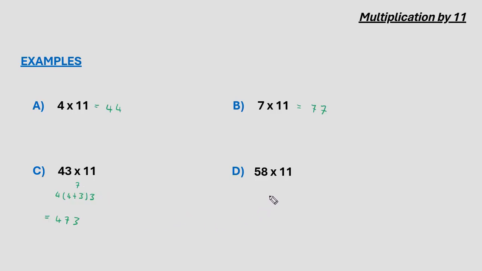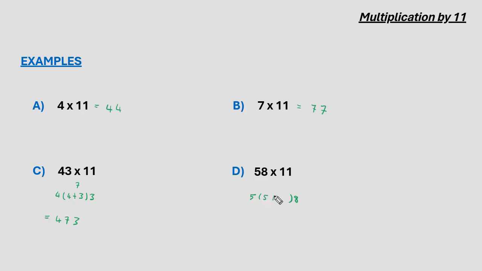However, sometimes the two digits add up to a number that is greater than 10, as we'll see here with 58 multiplied by 11, example D. Let's start off with the same approach from example C. Write 5 here, 8 over here, open up brackets between them.